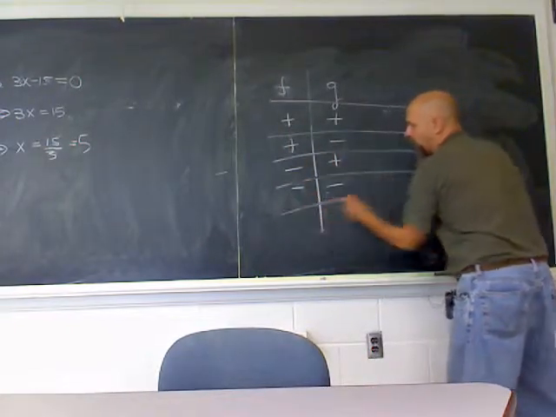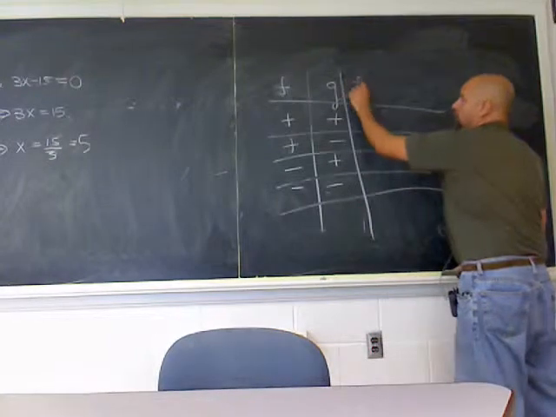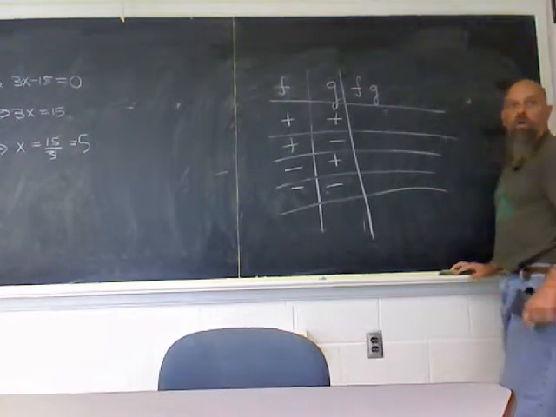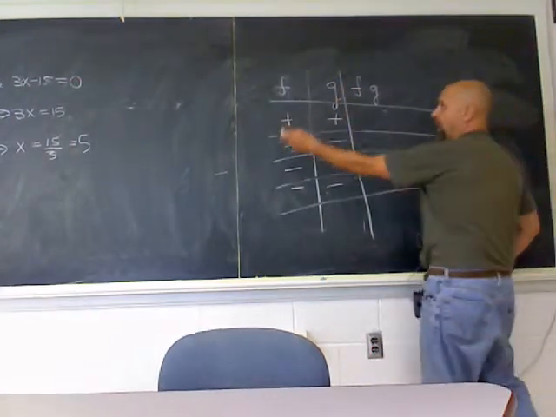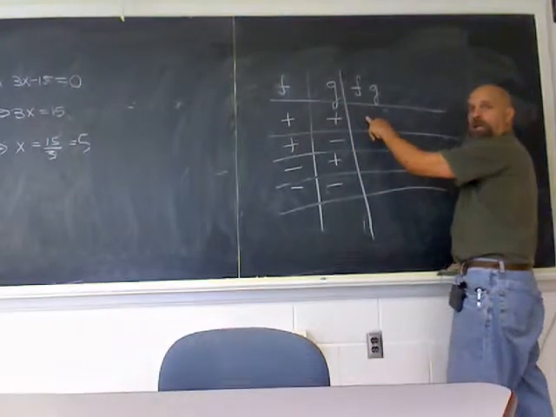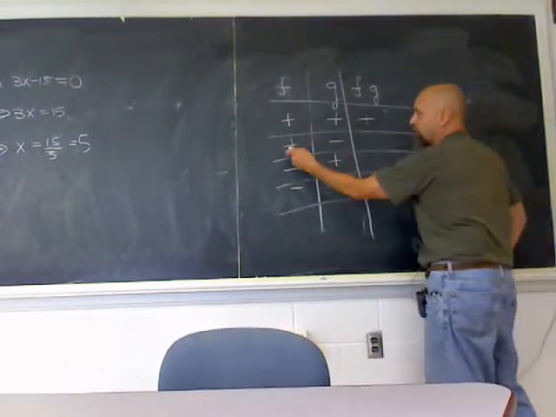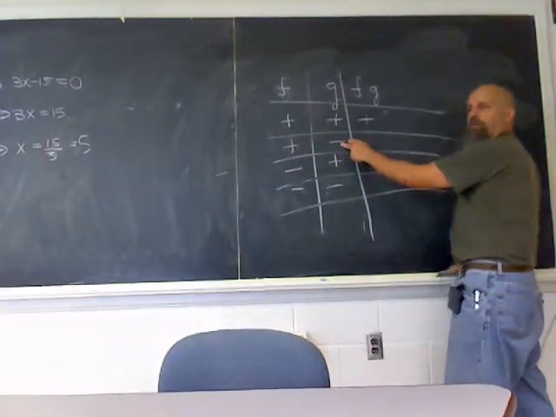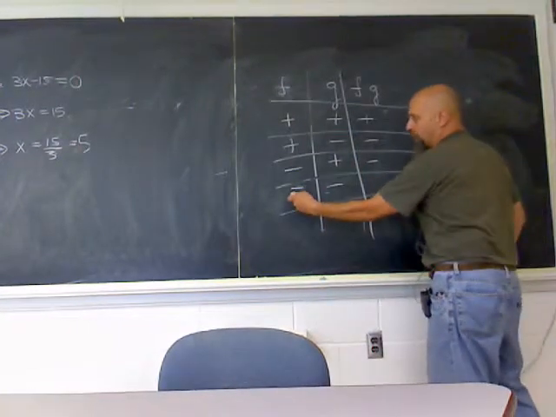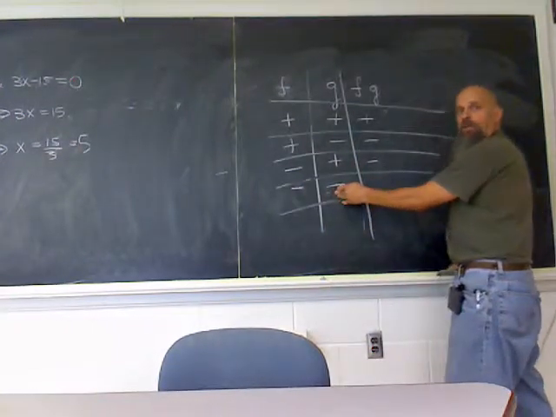This is all possibilities. So f times g, what's the result? If f is positive, g is positive, the result of the product is? Positive. If one's positive and the other one's negative, the result is? Negative. If both are negative, the result is?